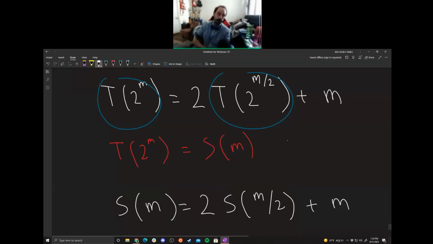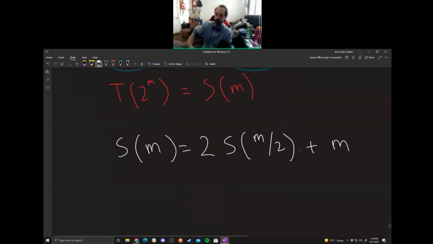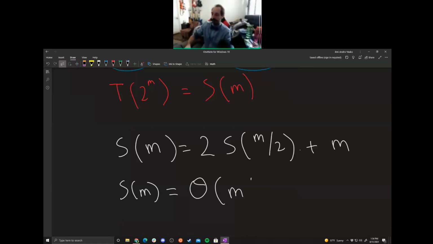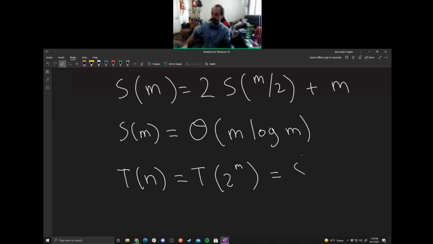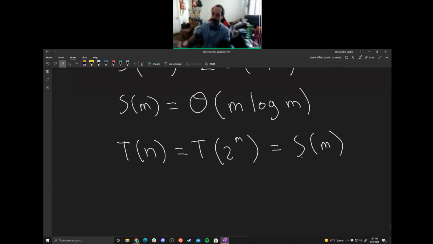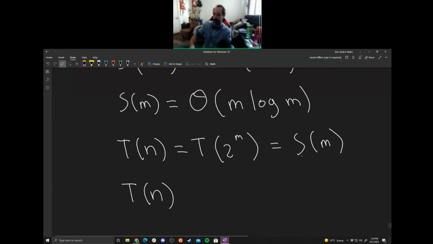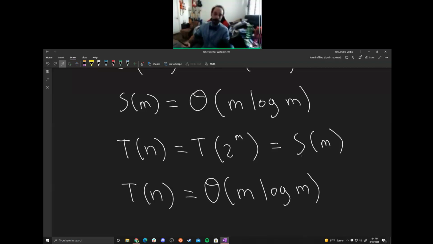Now, I could do that whole expansion method, but I'm not going to do all that. We already know this one is merge sort. So this is going to give us a result of S(m) is theta m log m. And basically we know the following is true because T(n) equals T(2^m) equals S(m). That means we can say T(n) equals theta m log m.